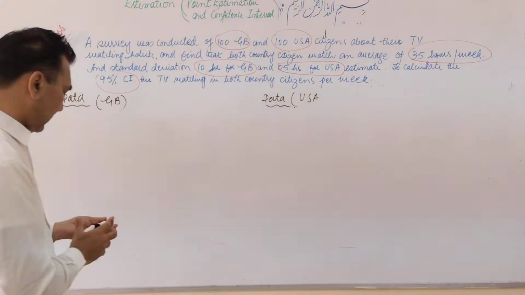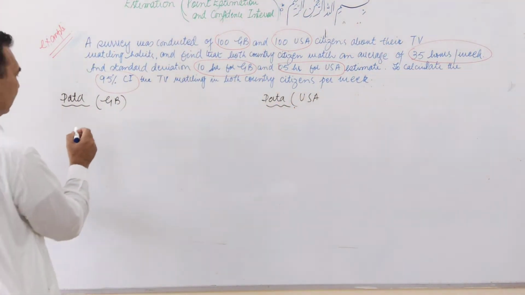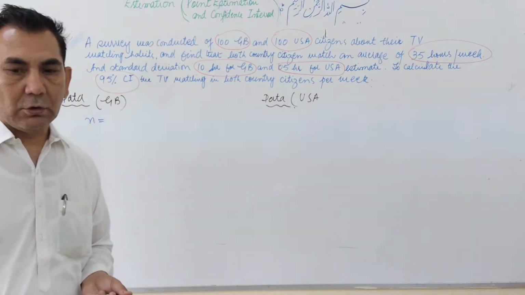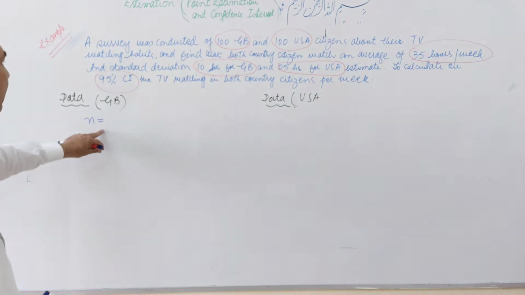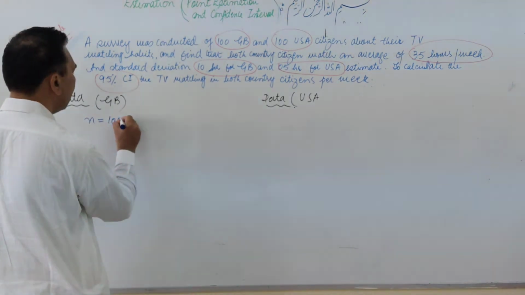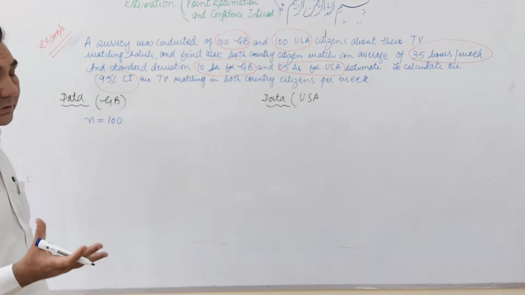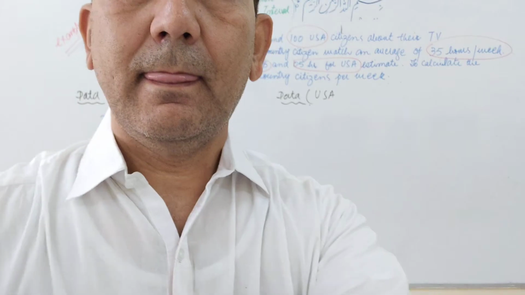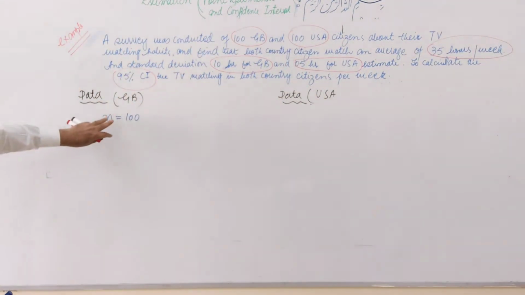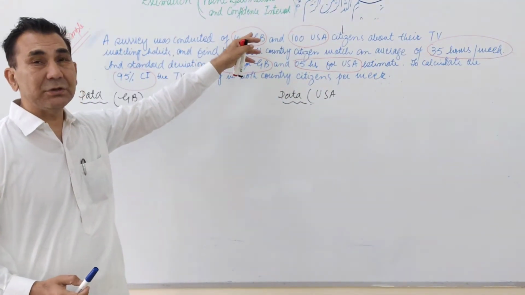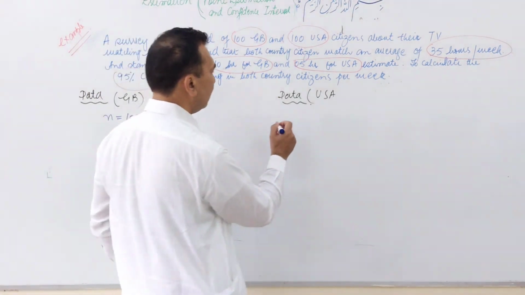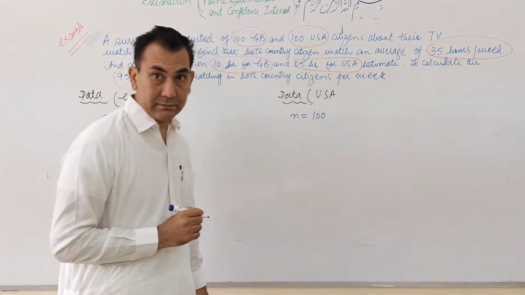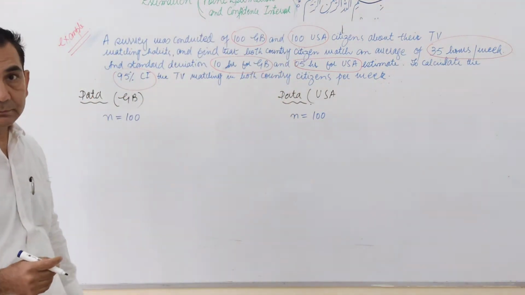Now N, the number of citizens. In Great Britain, it is 100. They selected 100 citizens of Great Britain, and in the same way they selected 100 citizens of the USA for the same survey.